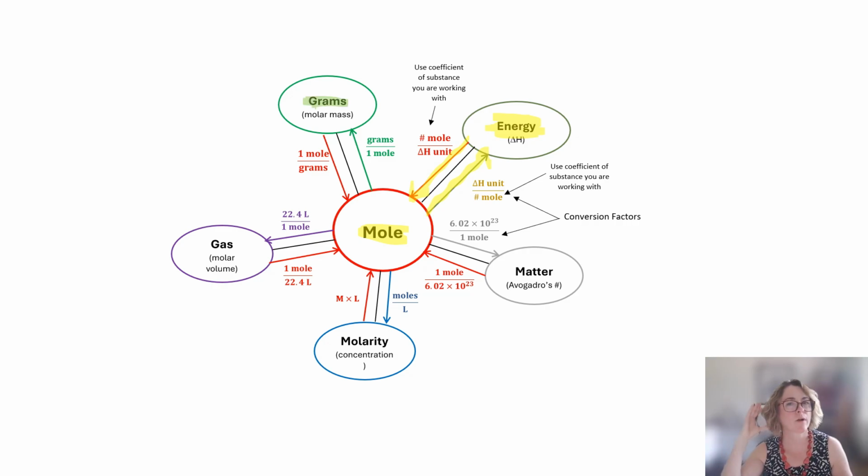If you have forgotten how to go back and forth between grams and moles, you're going to want to give yourself a refresher, because we may have to go from grams to moles using molar mass, or from moles to grams also using molar mass. So as we move on to the next slide, I would definitely recommend having your mole map out so that you can practice along using that mole map.